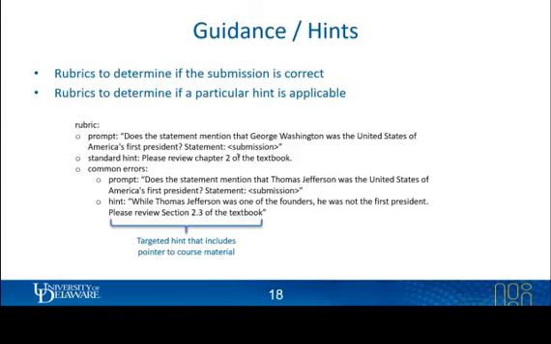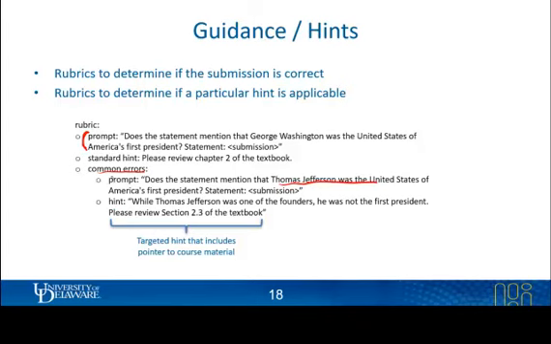Then we have hints as well. We may have a rubric that looks a little like this. This is the part if they get it correct. If this prompt comes back yes, then they get it correct. But if this is wrong, then we have some common errors. For example, if they mention that Thomas Jefferson was the first president, then we can give this specific hint.